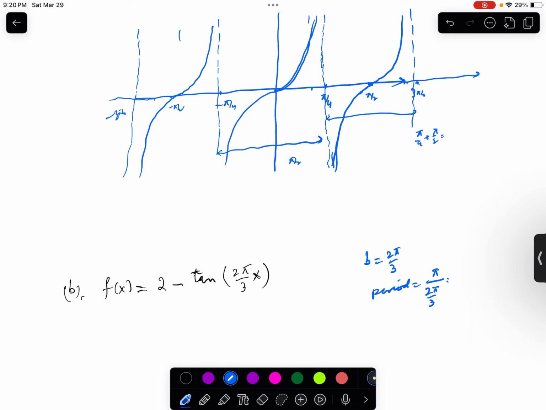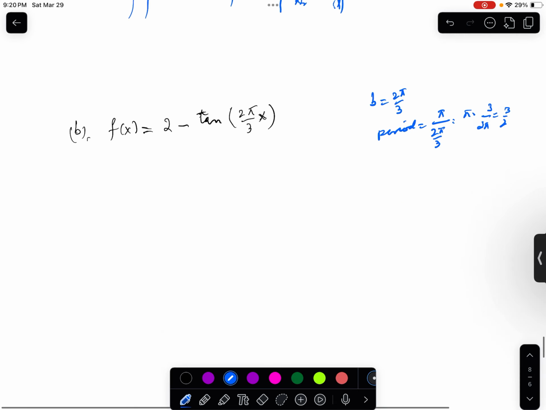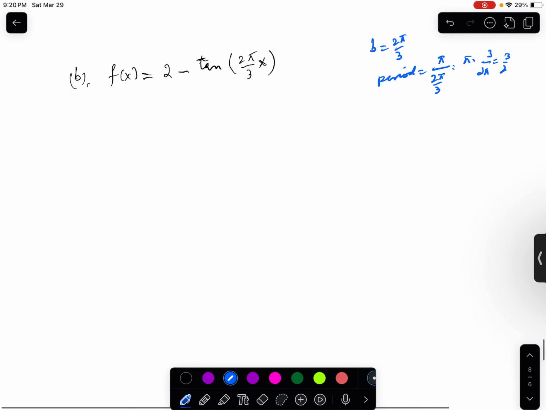What will this become? Pi times 3 over 2 pi. Pi and pi get cancelled. We get 3 over 2. So the period is 3 over 2. What do we do? Divide 3 over 2 by 2. We get 3 over 4.